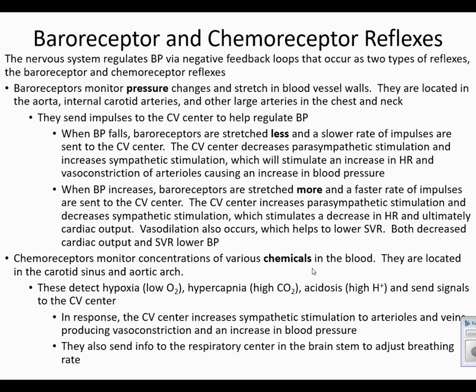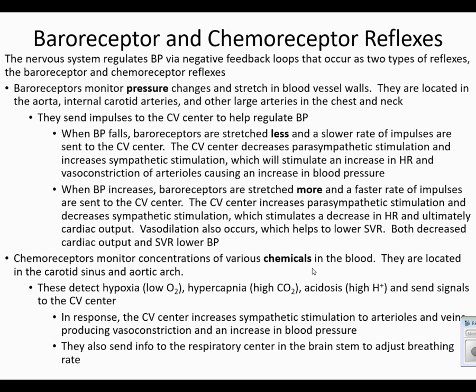These are quite a bit more complicated than those simple reflexes we learned about earlier in the semester. We talked about the stretch reflex, when you tap on your tendon and your leg kicks out. That was an example of a somatic spinal reflex. Here we're talking about cranial reflexes, because the brain is the control center, not your spinal cord.